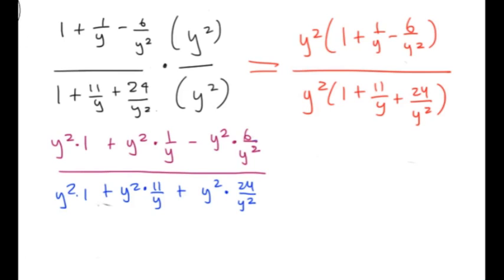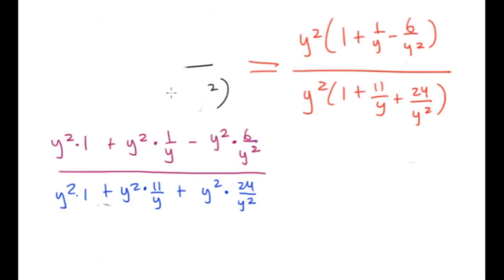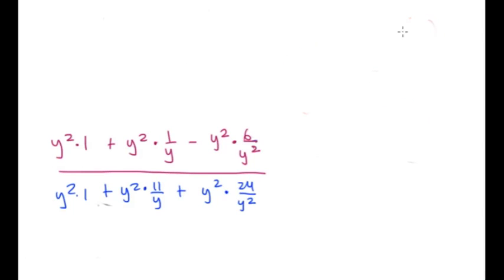So now what does this become? So this is what we have. What can we do with this? Well, y squared times 1 is just y squared, right? So this is taken care of. And then the second one, y squared times 1 over y, this y cancels with the y squared to leave a y behind, so we have just y over 1, which is just y, right?